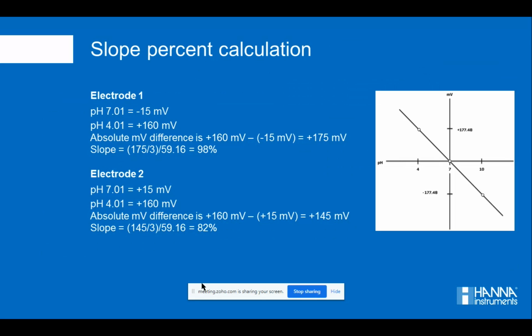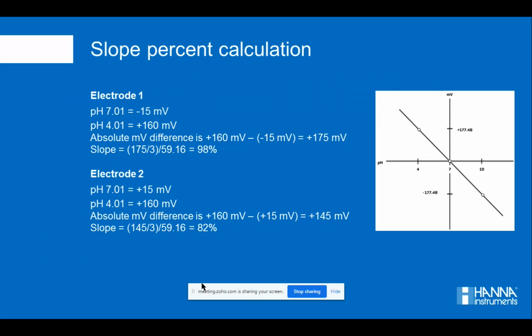That is within the acceptance criteria when you go from 7 pH to 4 pH. It is theoretically 177 and observed is 175, so only a 2 millivolt difference, which is within acceptance criteria. Whereas if you look at electrode 2, the difference is very high, from 145 to 147.